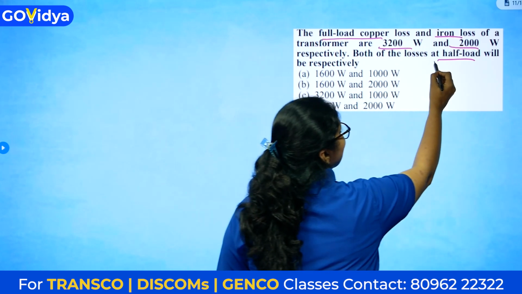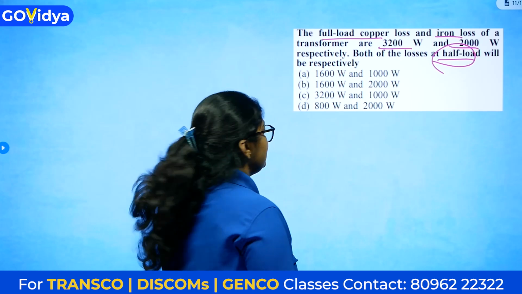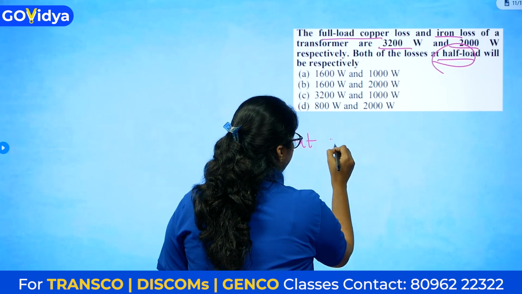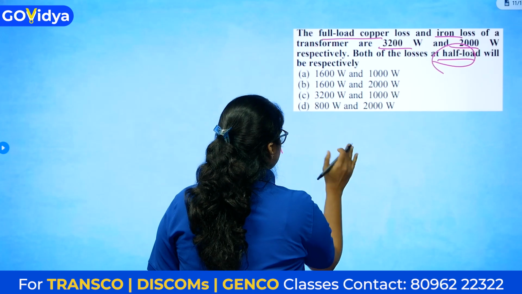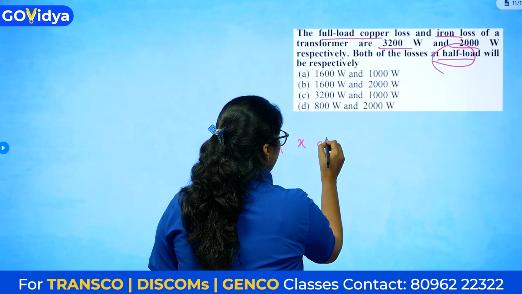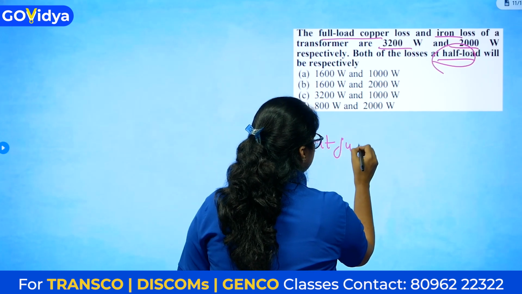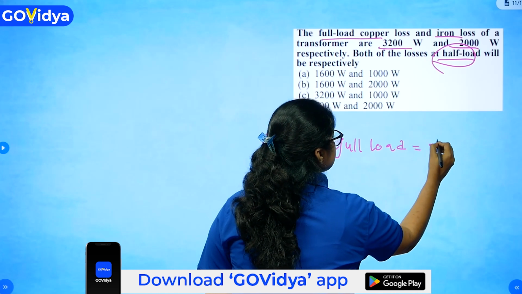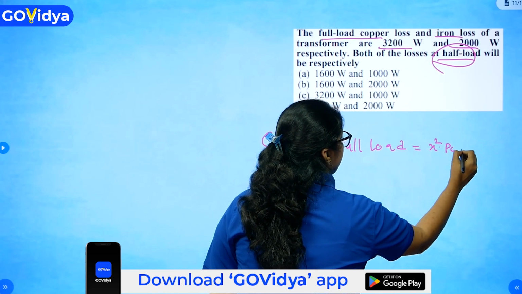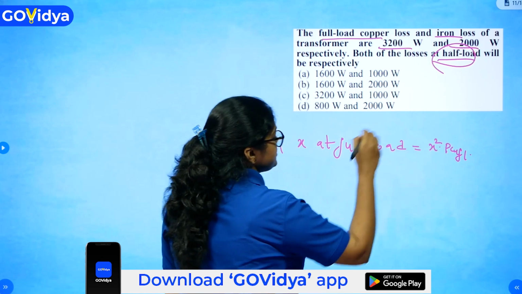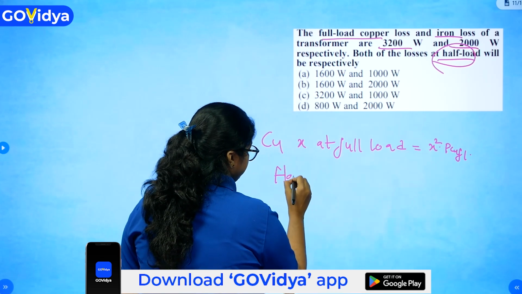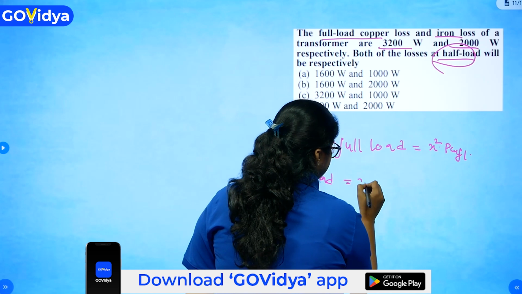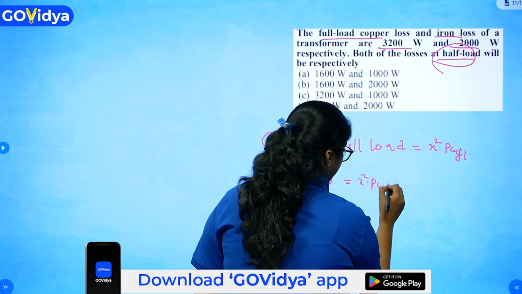Now we have to calculate at half load. We know the formula: copper loss at load X is X square into full load copper loss. But they are asking at half load.